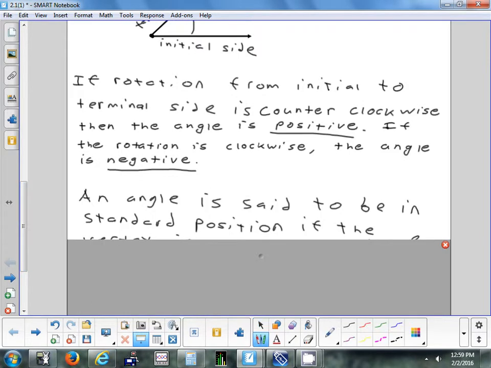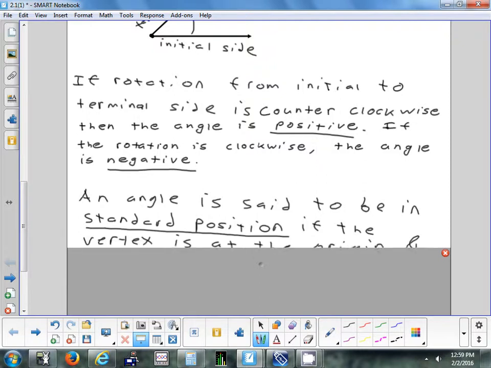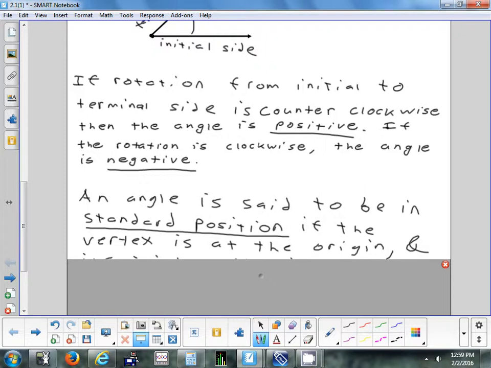All the angles that I was drawing in that program were all in standard position. Two things have to happen if I ask you to sketch an angle in standard position. One, the vertex of your angle has to be at the origin. So you need a set of axes. You put your vertex right at the origin.